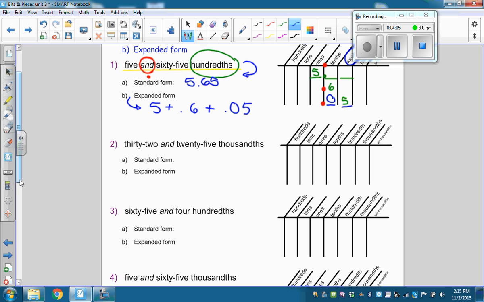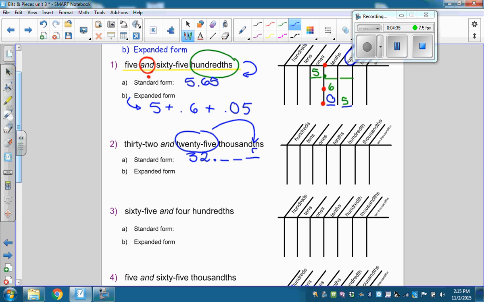You could say the digits one by one. 32. Right. Yep. Yes. So how would that look? 32 point, is there a 0 or is it just 25? Right, because it's tenths, hundredths, thousandths. So that 25 has to end here.